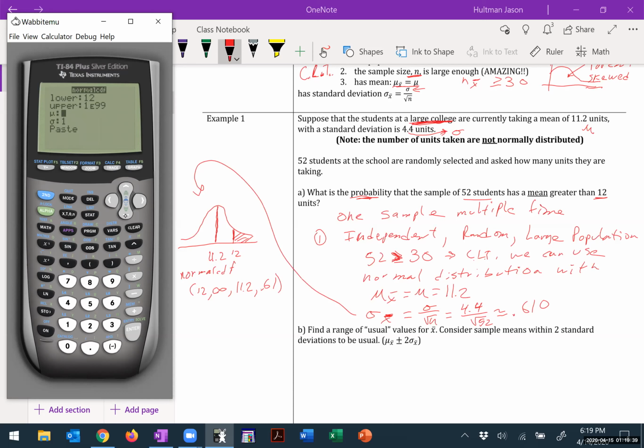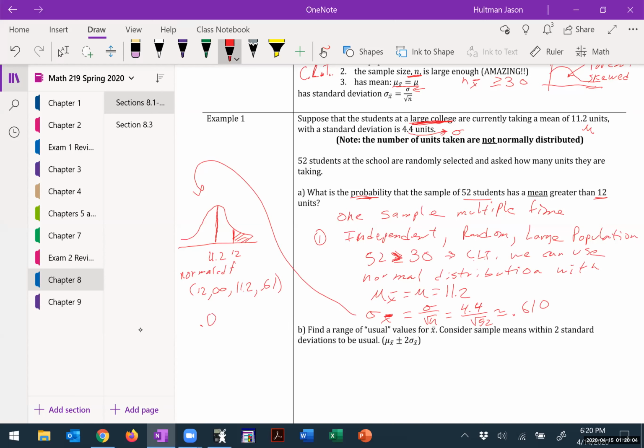The mean is 11.2, and the standard deviation is 0.61. And that gives me about 0.0949, or about 9.5% of the time.